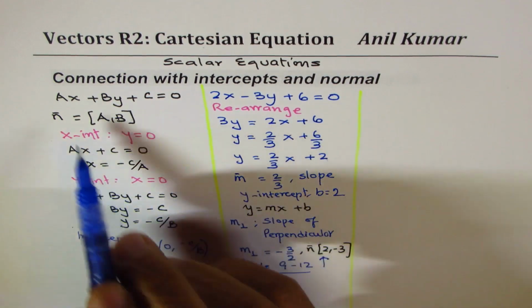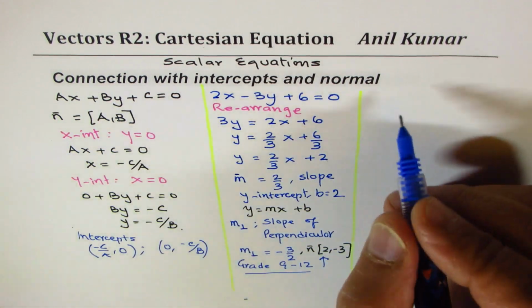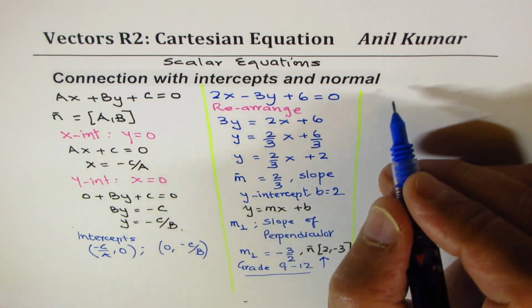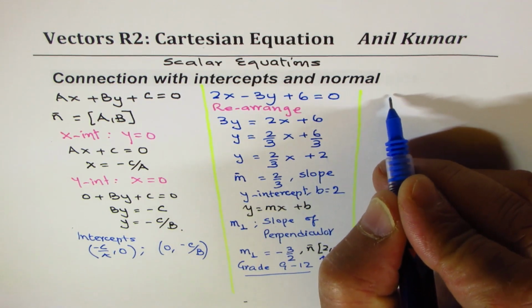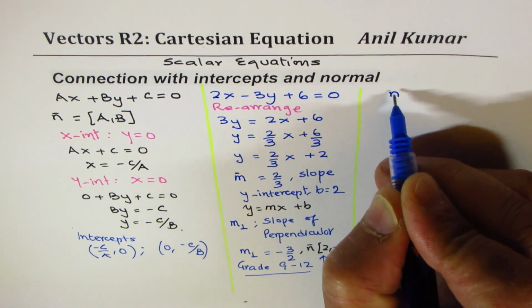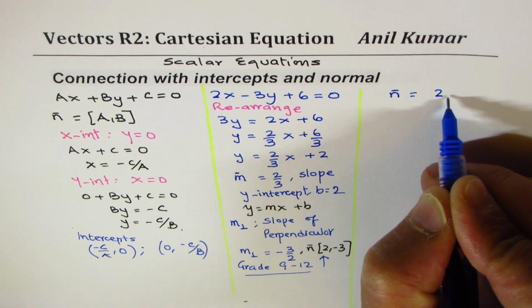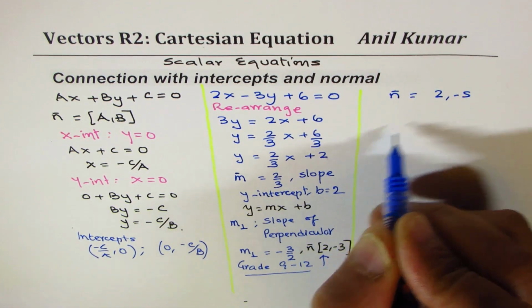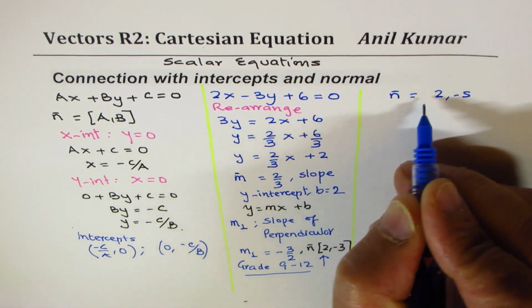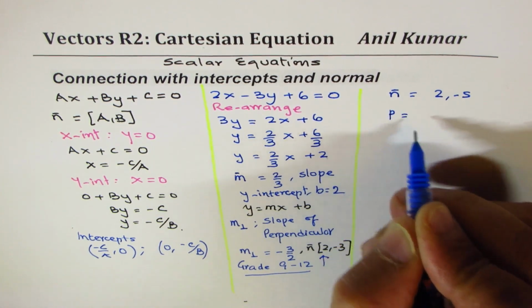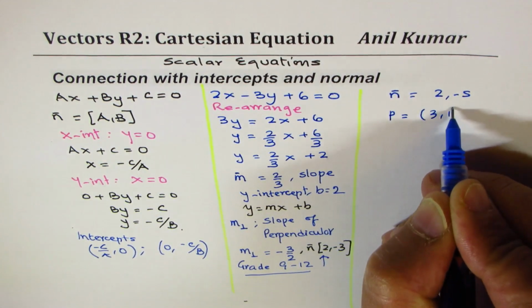Let me take another example of this kind, which is, let us say, we are given that the normal is (2, minus 5), and the line goes through a point P, which is, let's say, (3, 1).